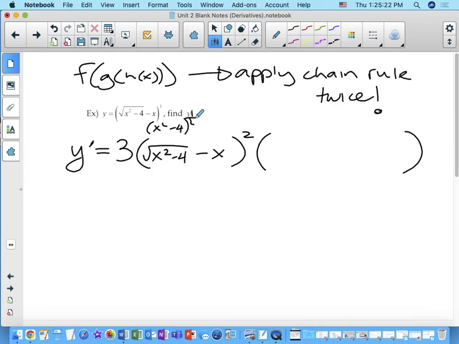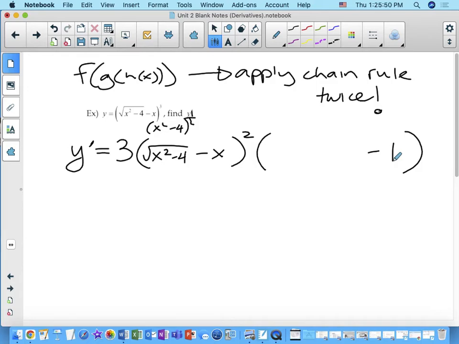So what's the derivative of that piece? Because that's going to be the first term. Well, let's do the easy part first. What's the derivative of this piece? Okay, that's the easy part. Okay, what's the derivative of this piece?